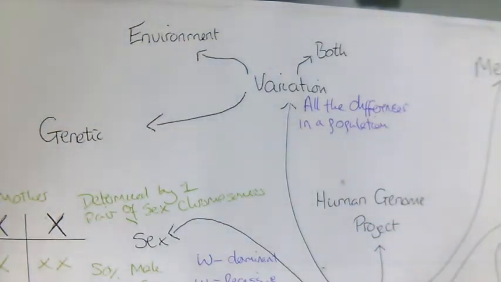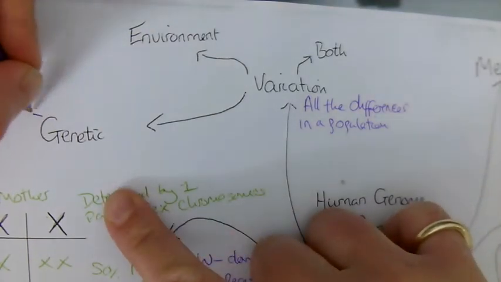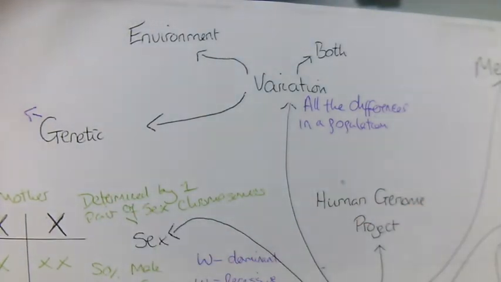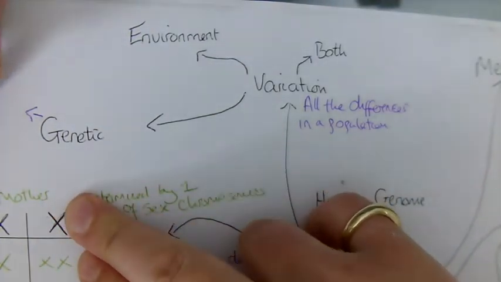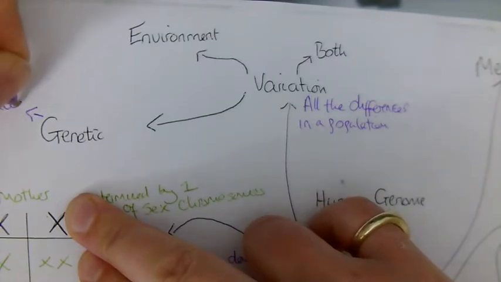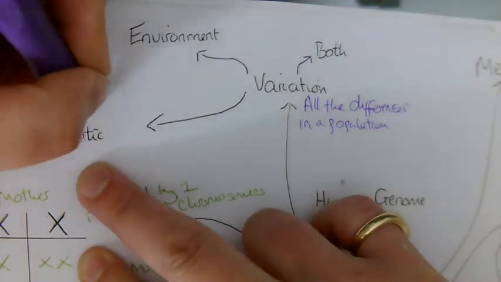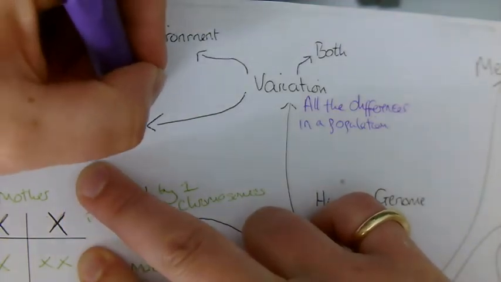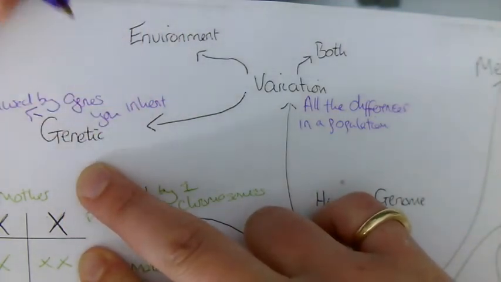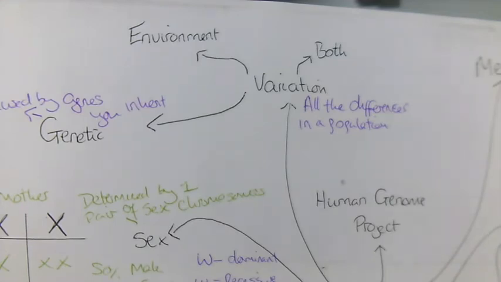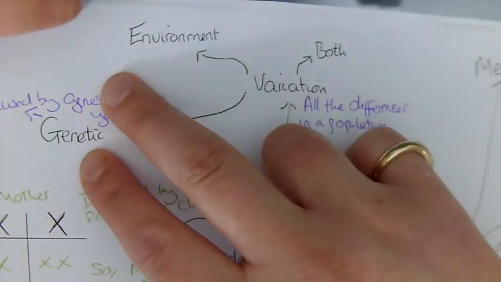If it's genetics, it's caused by the genes that you inherit. If it's environmental, it's caused by the surroundings, so caused by different conditions.